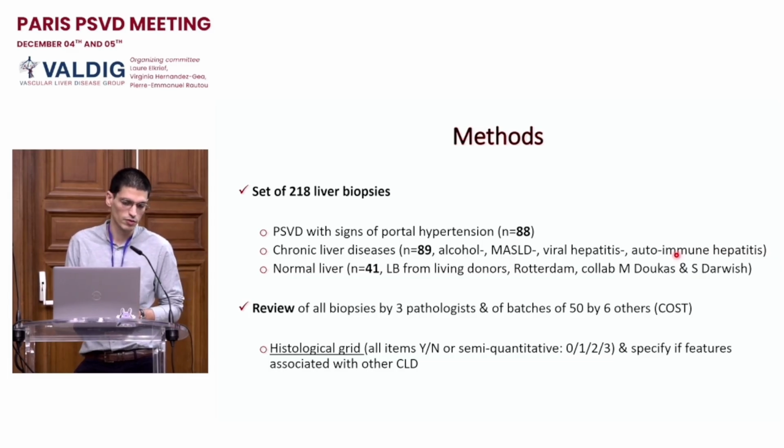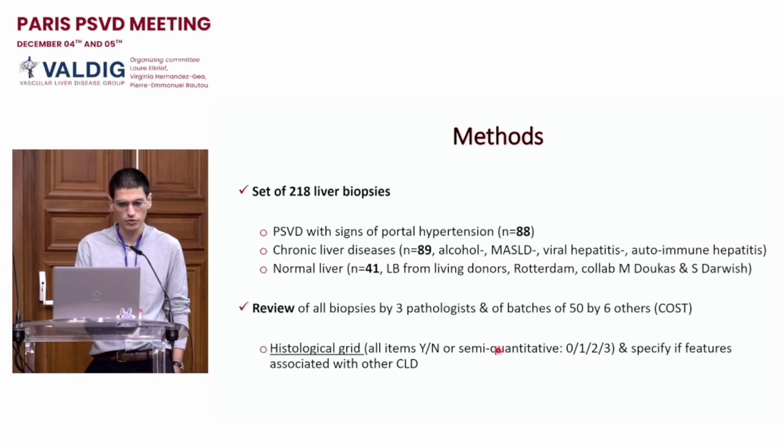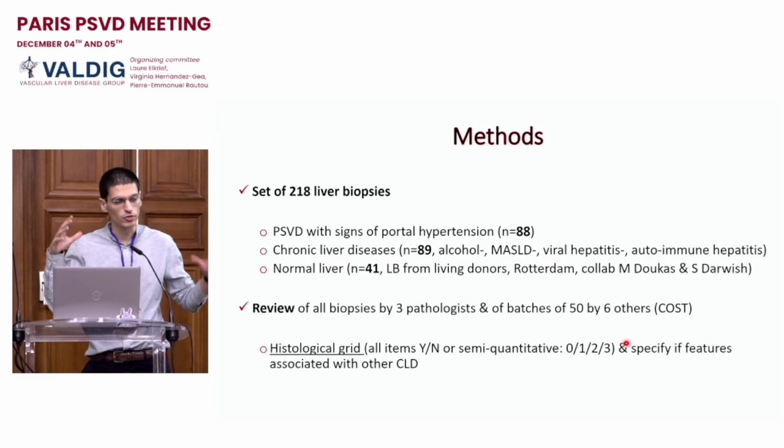All these biopsies were reviewed by 3 pathologists, and 6 others from the COST action reviewed some batches of 50 biopsies. And so we had a smaller histological grid with semi-quantitative or qualitative items.